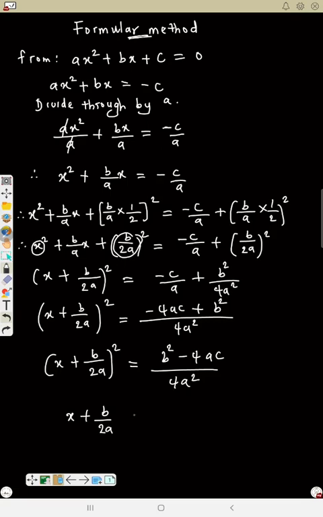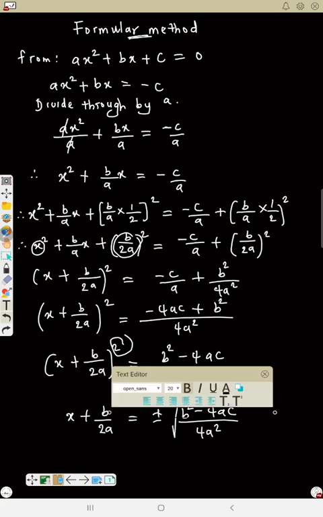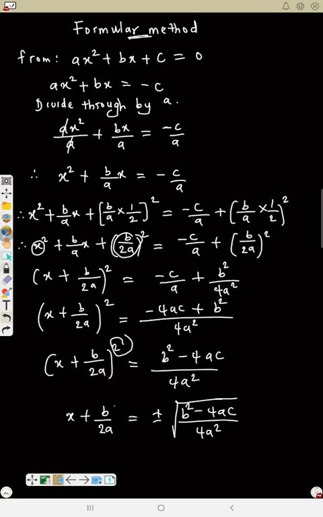So x plus b over 2a equals plus or minus square root of b squared minus 4ac over 4a squared, because if we remove this square, it will turn to square roots. Then you will take this one to the other side. Here I can find the square root of 4a squared, and that is 2a.